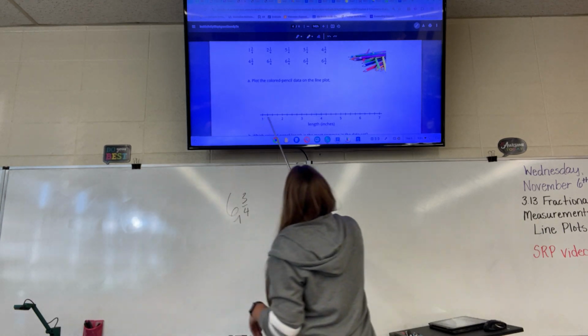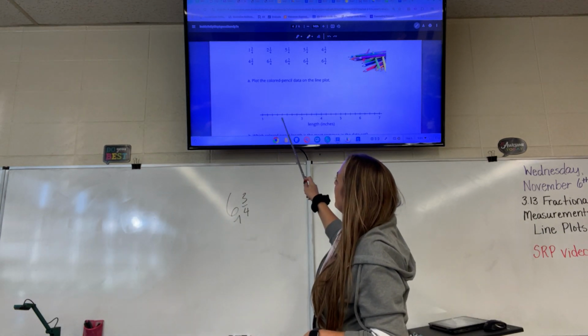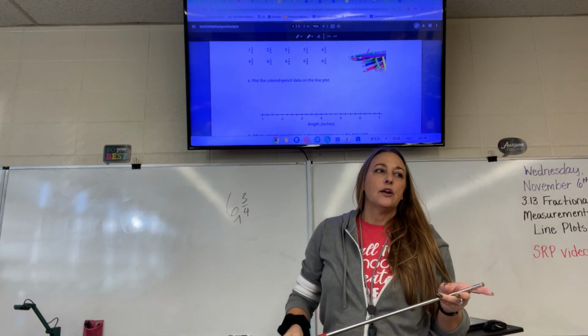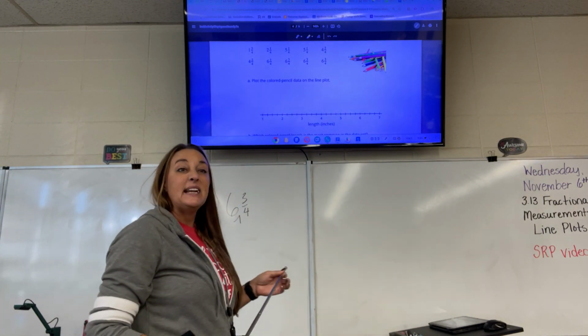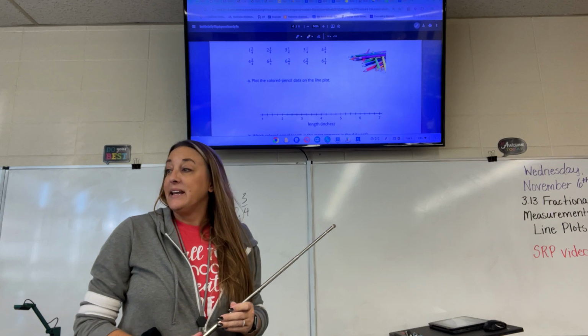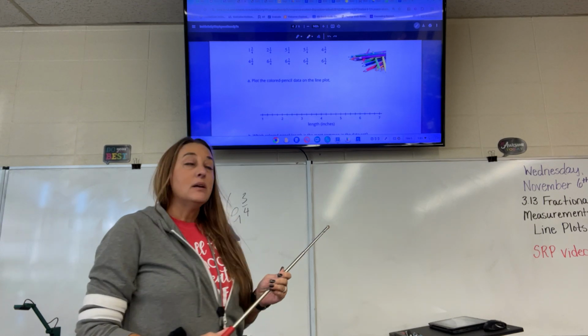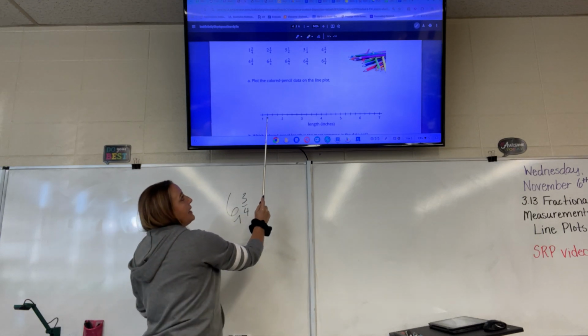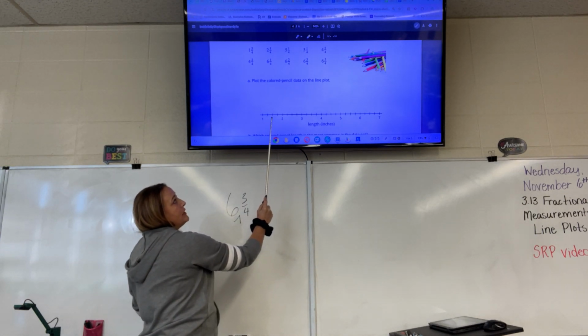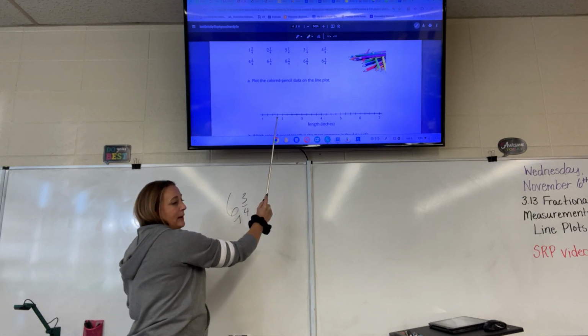Okay, what do you notice about the number of parts in each whole on our line plot? Mary? They're all split into 4. That makes it handy, right? So, 1 3/4. This would be 1 1/4, 1 2/4, 1 3/4.